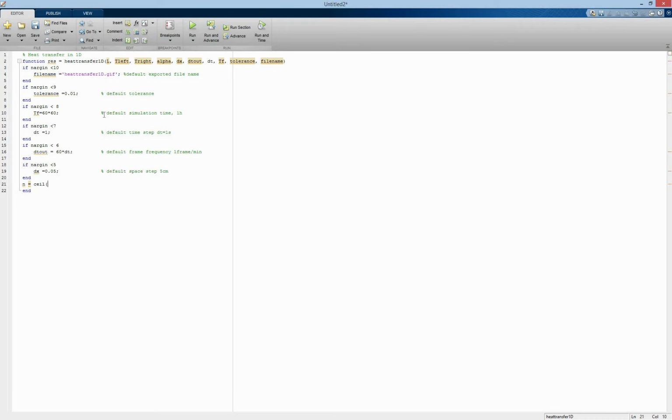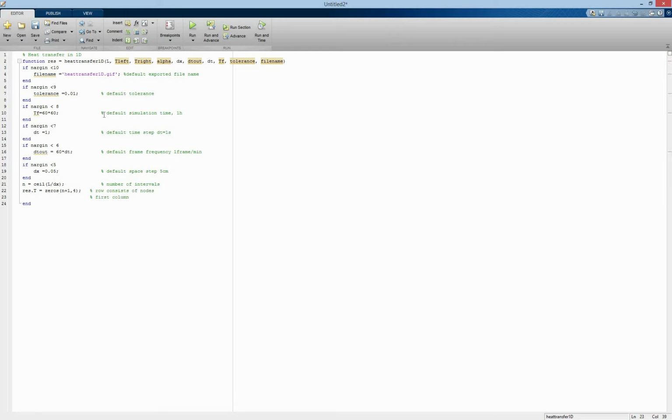Now we try to create an array of the temperatures of each node on the rod. So we need to know the number of intervals, and the number of nodes is number of intervals plus 1. In this matrix, the rows are the nodes and the columns are the temperatures and the coordinates.